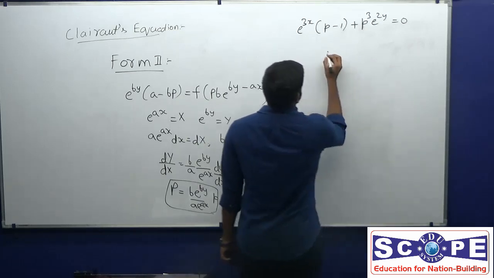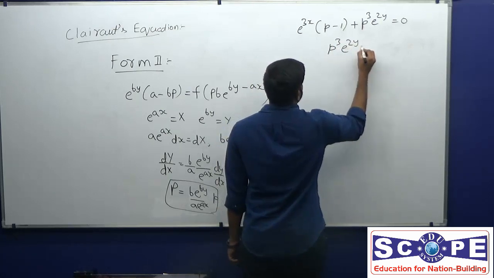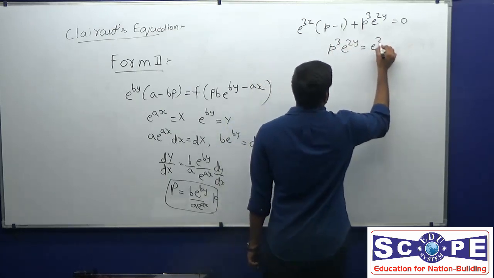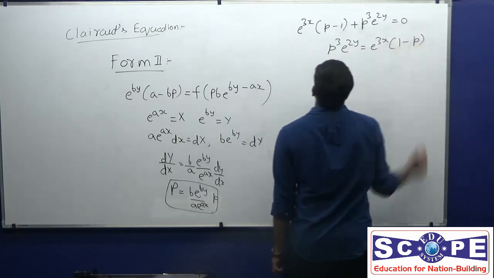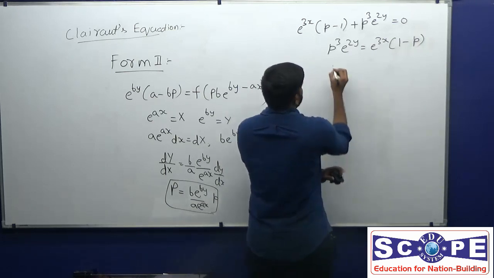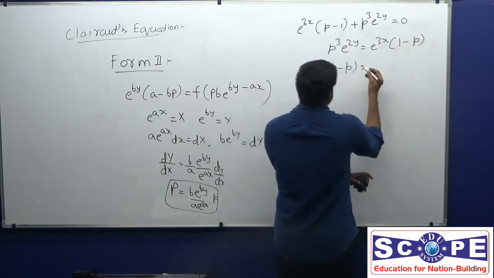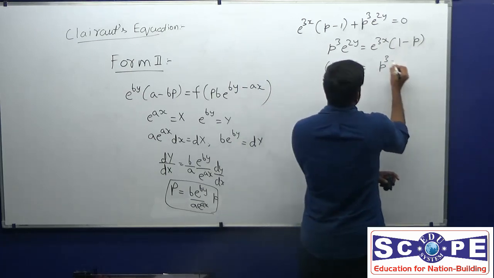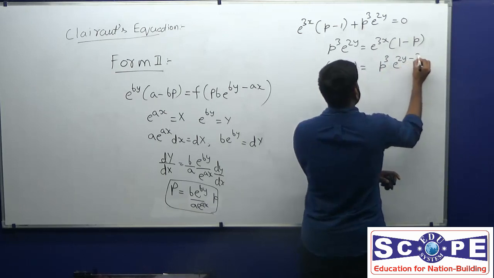So here we'll get p cube e power 2y equals e power 3x into 1 minus p. If you take that e power 3x term to that side, p cube e power 2y minus 3x.